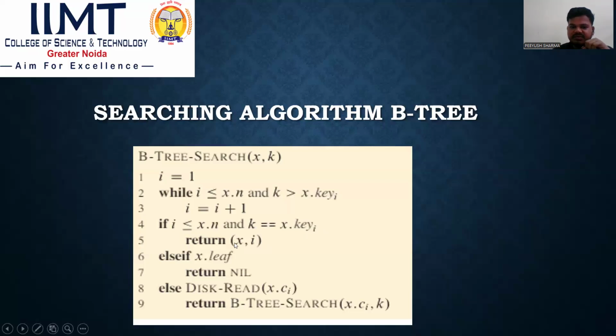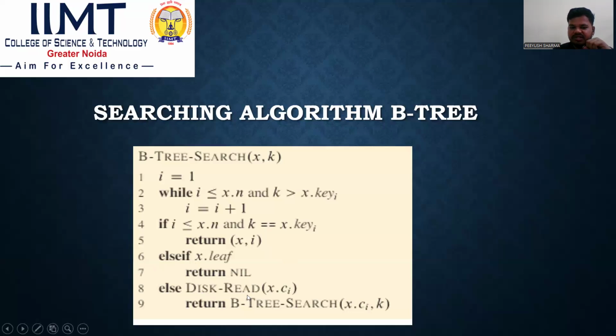Clear? That means the node where our key is stored, and the index where our key exists, should be returned, right? And if not found, then what will we return? Nil. So this is the searching algorithm in a B-tree.